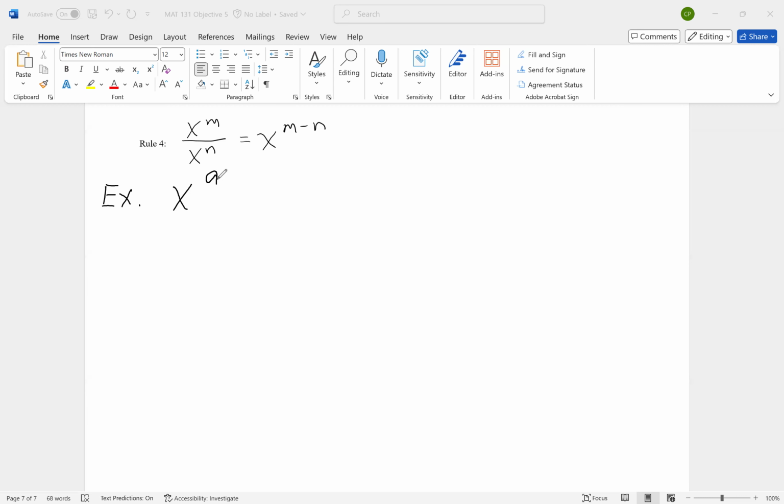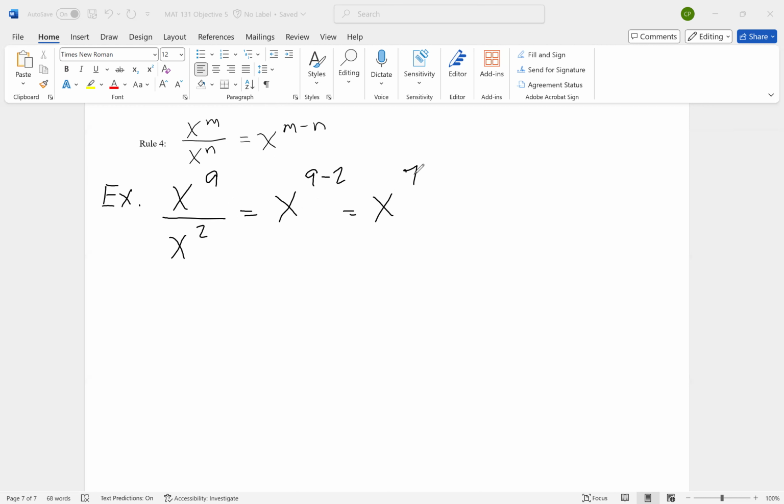Let's say we had x to the 9th over x squared. If we follow this rule here, since we have that same base of x, we can subtract the exponents. It will be x to the 9 minus 2, which will give us x to the 7, okay?